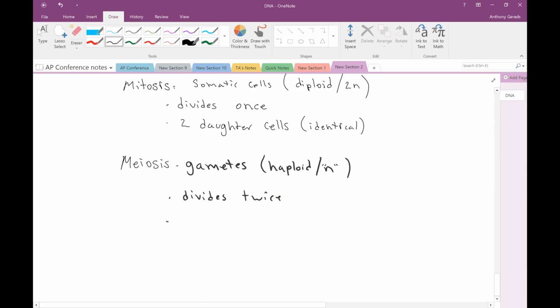How many daughter cells do we end up with? 4. Divides once, you got 2. Divides twice, you got 4. Divides 3 times, you got 8. Divides 4 times, you got 16. So that number just doubles. Are they identical? No. They're different. They have half the DNA.